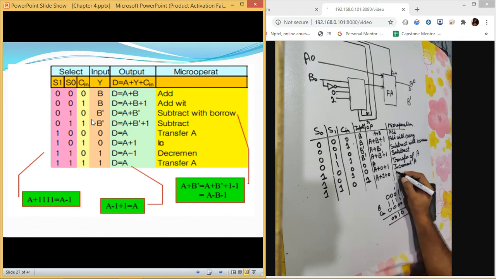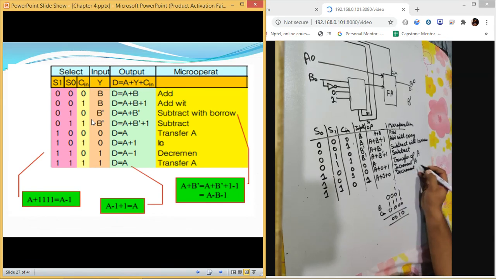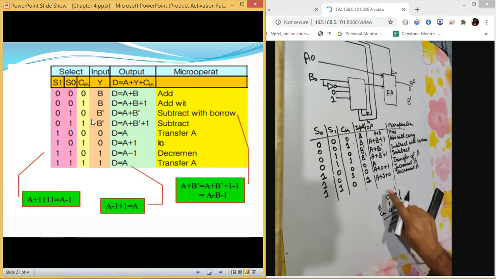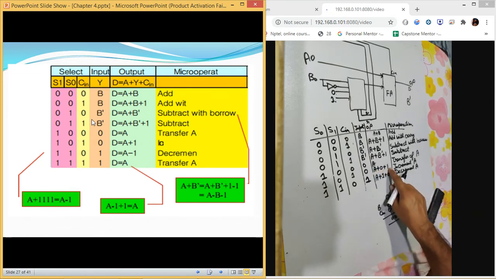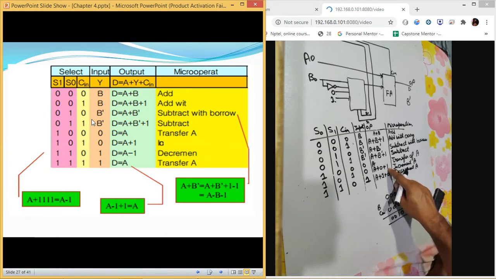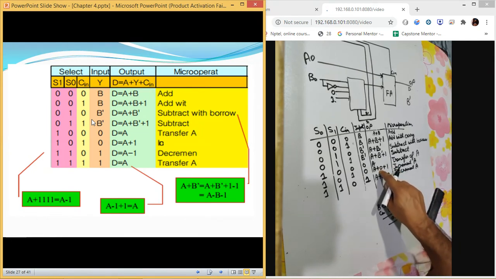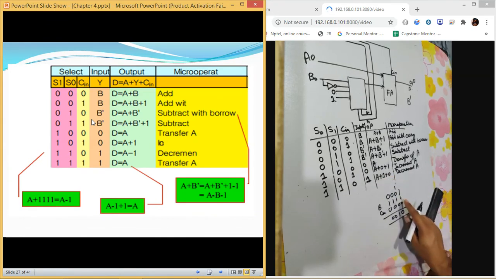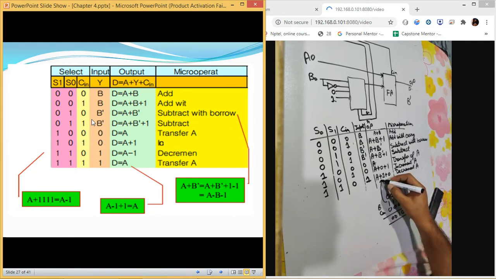So this will become decrement A. This is the decrement of A operation, because this is A plus 0 plus 1, in which B value is 0 but C in is 1, meaning carry is 1, B value is 0. But in this case, B value is 1, carry is 0. So B value is 1, carry is 0 will make this. This is for this case.